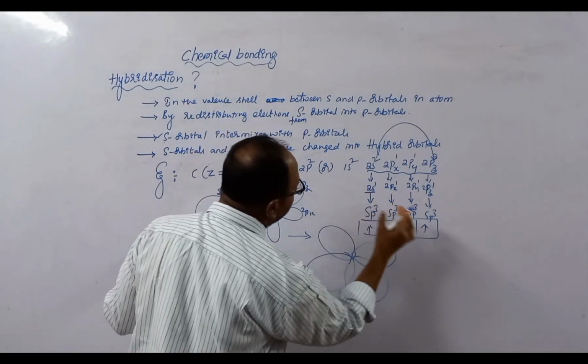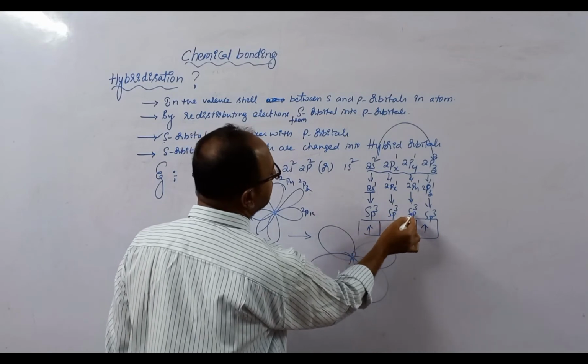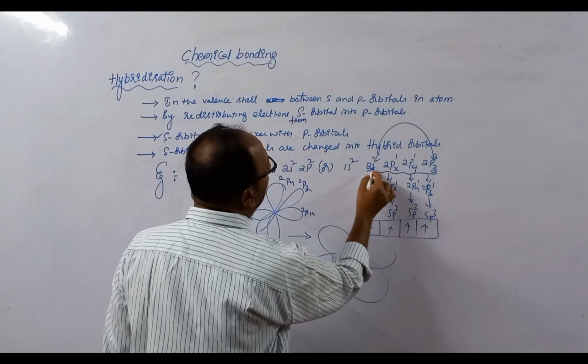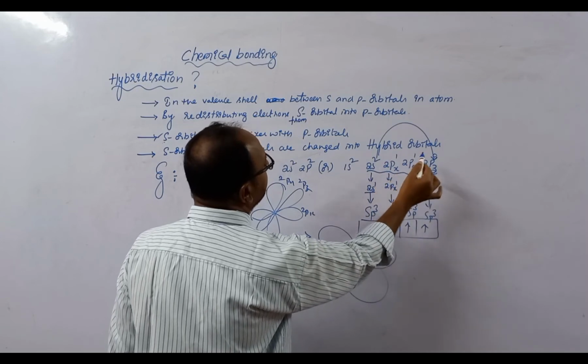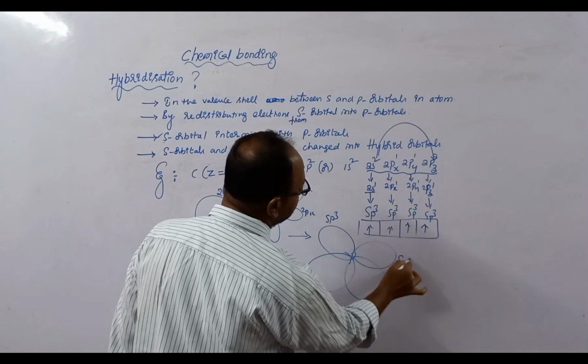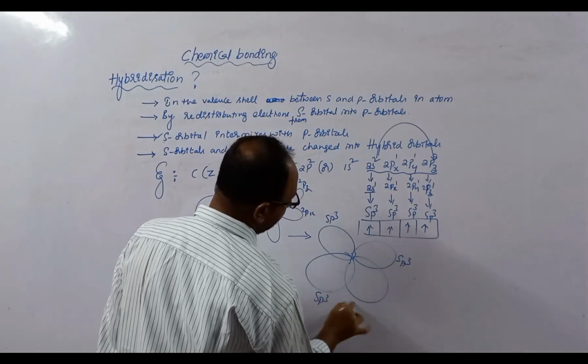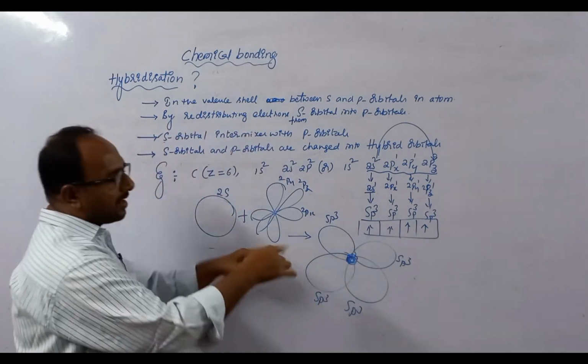How many hybrid orbitals are formed? 4: 1, 2, 3, 4, because 4 orbitals are intermixing: 2s, 2px, 2py, 2pz. So it is sp3, sp3, sp3, sp3.